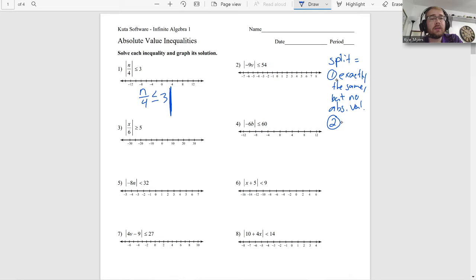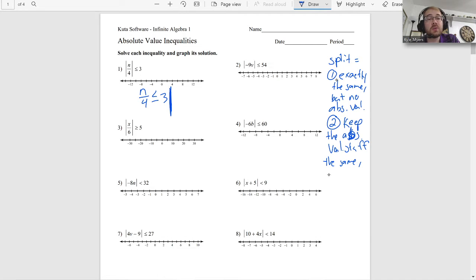What I prefer to do is keep the absolute value stuff the same.